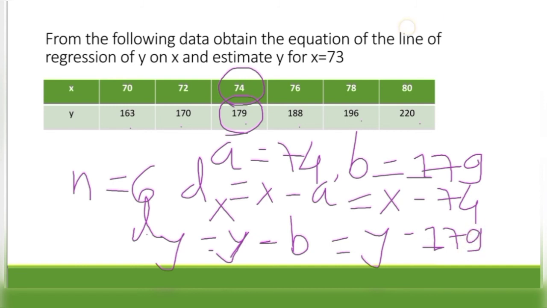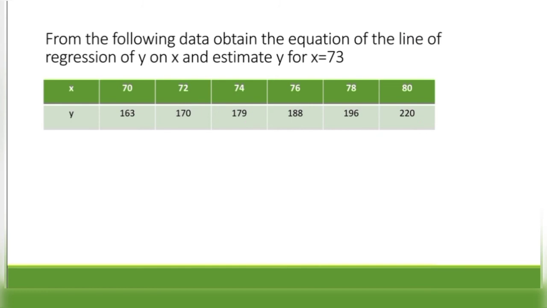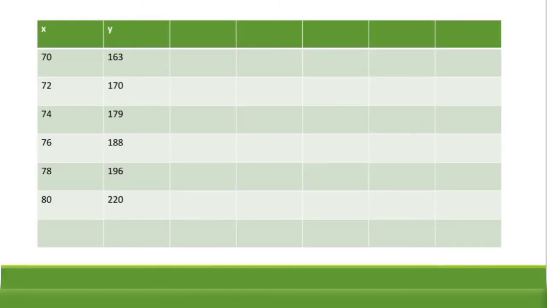Our next step is to make a table. Columns 1 and 2 will be the values of x and y respectively. Then the next column will be for dx, then dy, then dx square, dy square, and the last column for dx dy.